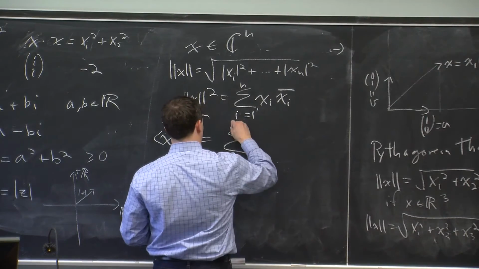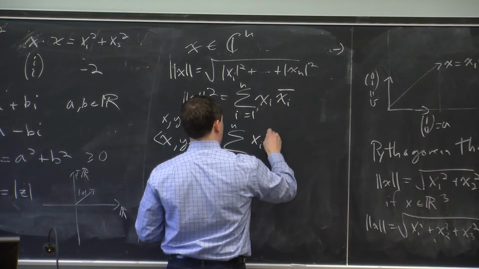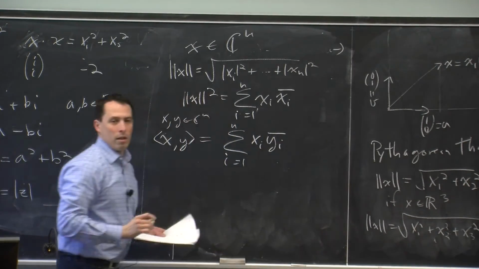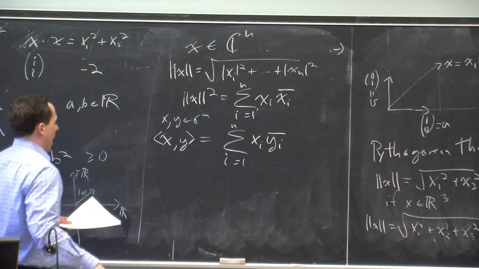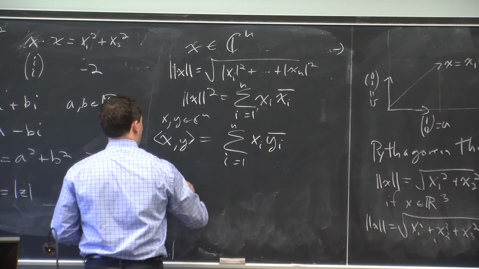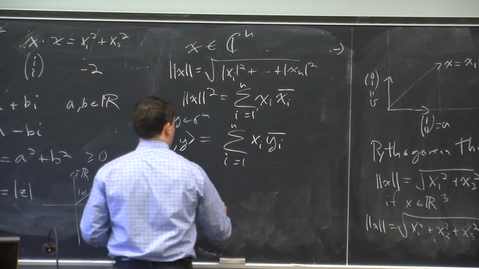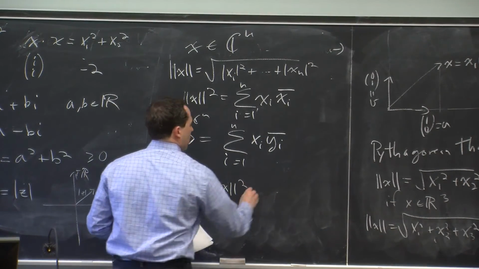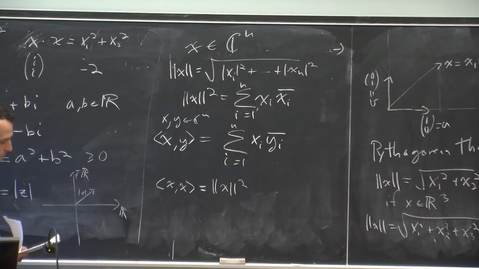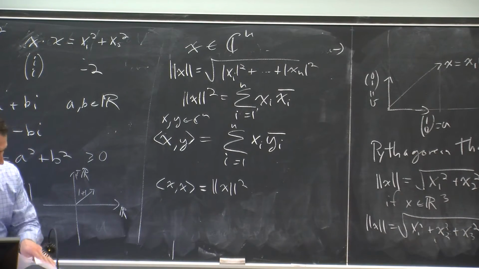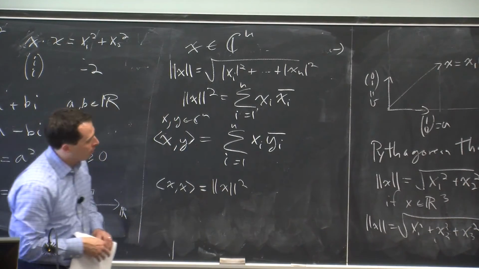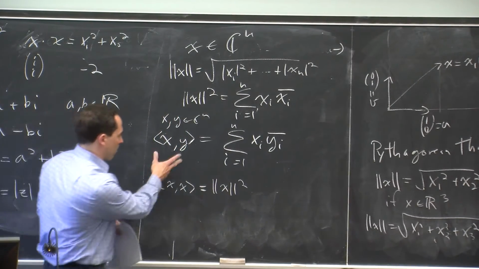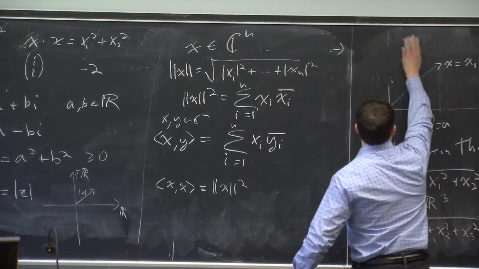So that would be the sum i equals 1 up to n, xi yi bar. Okay, so that fixes that problem. And now, if I plug in x twice, that gives me this number squared, the length of x squared. Okay, so that's an example of a good choice of an inner product.